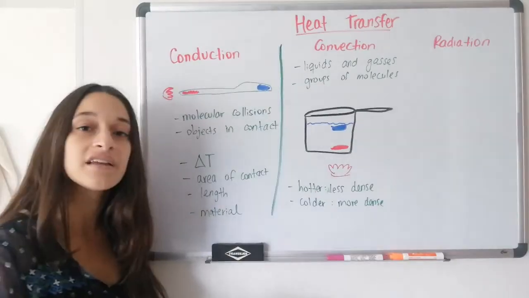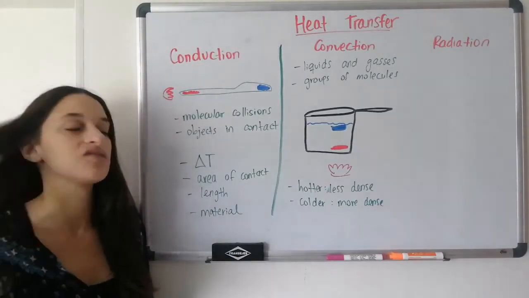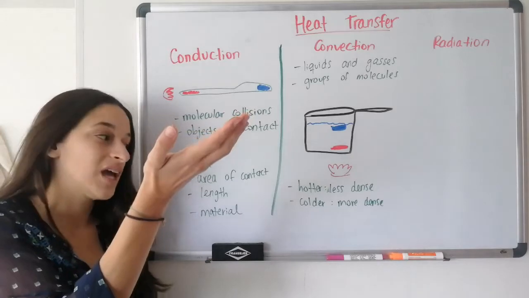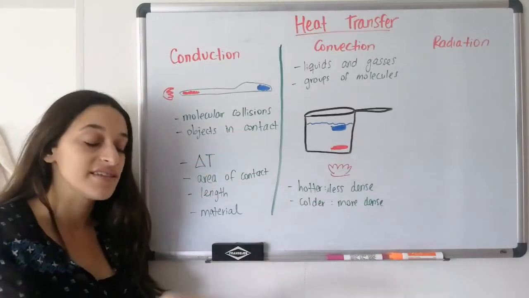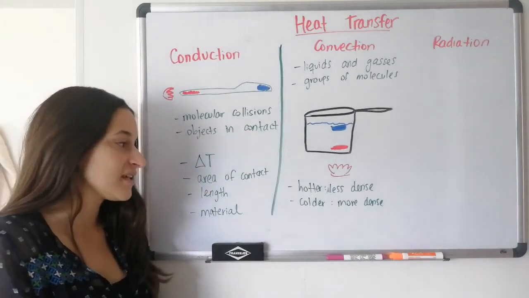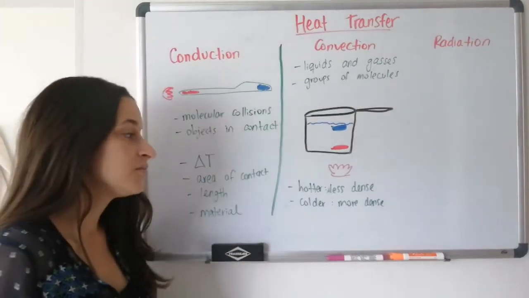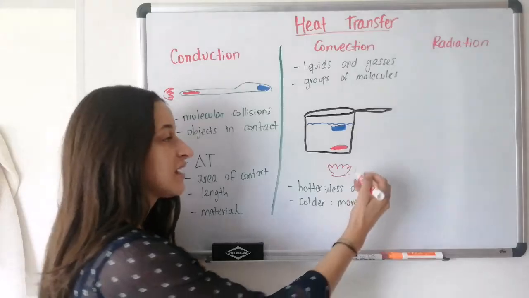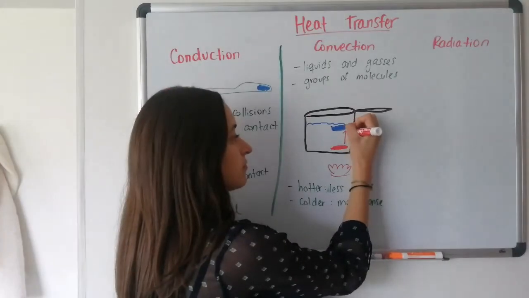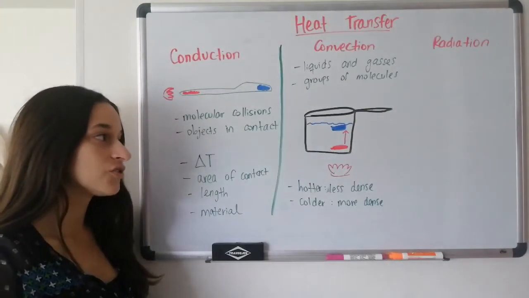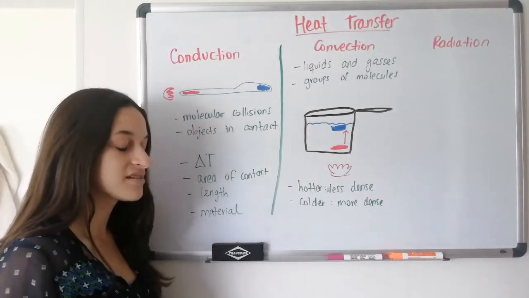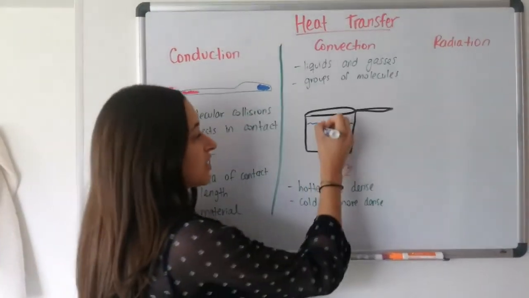So maybe you've seen in chemistry and you remember that when things are less dense, they float, and when things are more dense, they sink. So this warm water at the bottom will get less dense and it will go up. And the cold water is more dense than the warm water, so it will go down.